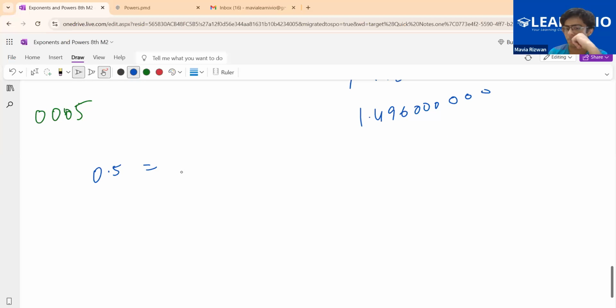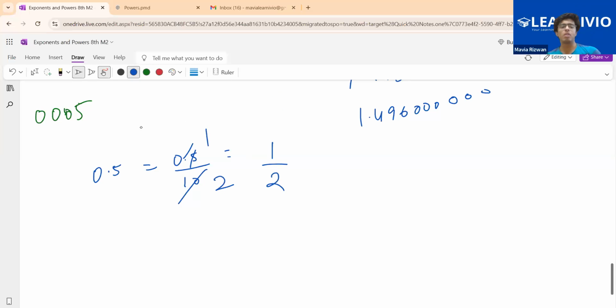Yes, we can. To remove the point, we put a 10 here, and then we can remove the point. We put 1 and then 10. Abu Bakr, you know how to convert a decimal to a fraction, right? Yes, sir. So I can write this as 5 by 10, and that is equal to 1 by 2.